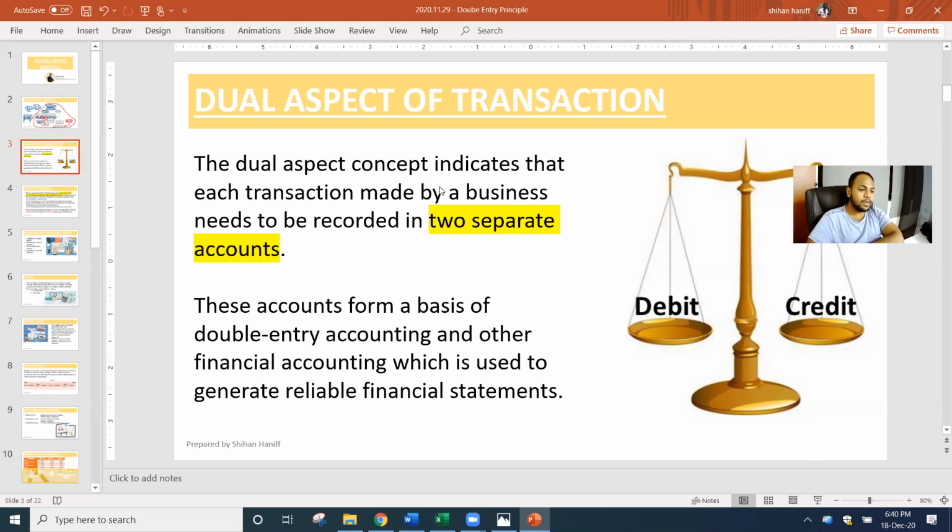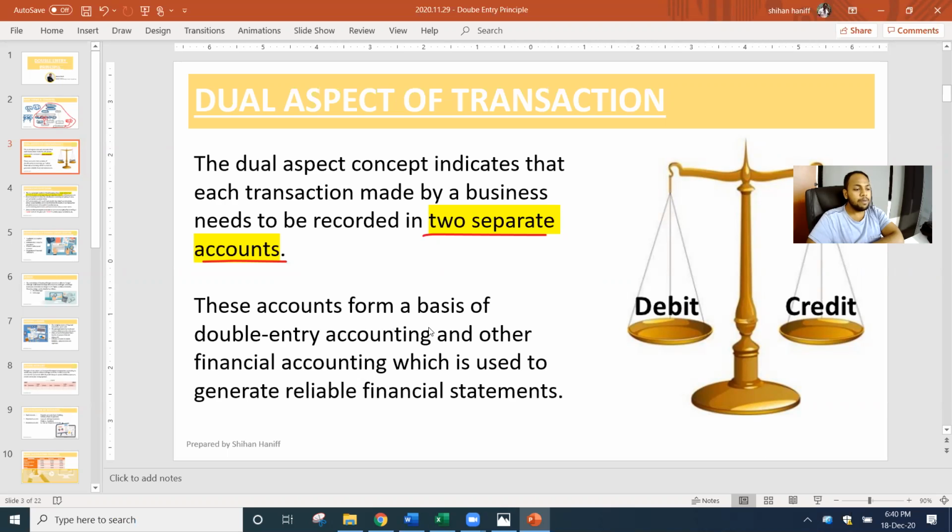The dual aspect concept indicates that each transaction made by a business needs to be recorded in 2 separate accounts. For example, if the owner invests money in the business, the cash will increase, so it will affect the cash account, and the capital will increase, so it will affect the capital account. So any transaction will affect 2 ledger accounts.